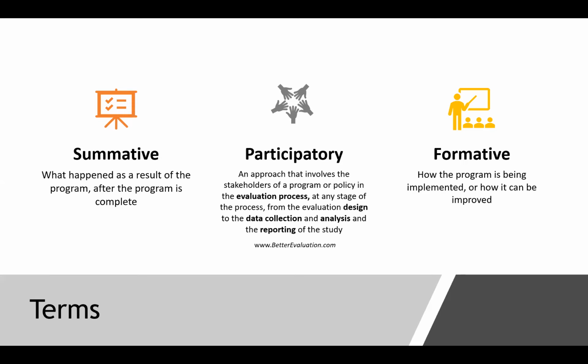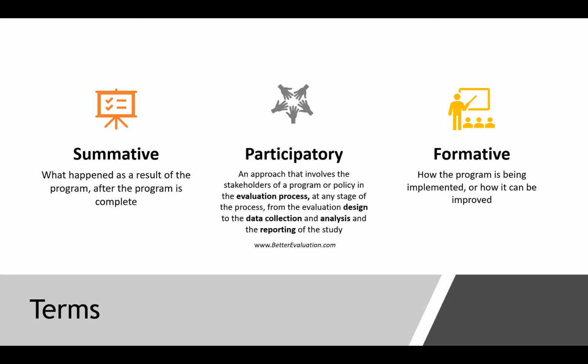And very often it's used for accountability or reporting purposes. Formative evaluation, on the other hand, is something that's done while the program is being run. It can even begin at the phase of program planning. You could consider needs assessment a type of formative evaluation. But it's really focusing in on the processes of program implementation with a primary desire to improve the program as it goes.